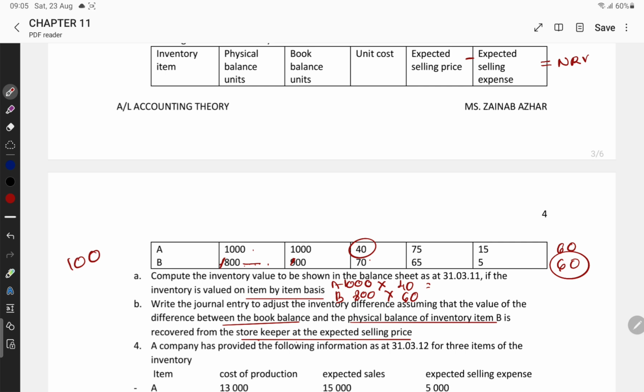So 100 units is missing. The cost of one unit is 70. So 100 into 70, your cost is 7,000. So 7,000 worth of inventory is missing. If inventory is missing, the inventory in your purchase account is decreasing. So your purchase account will get credited by 7,000.